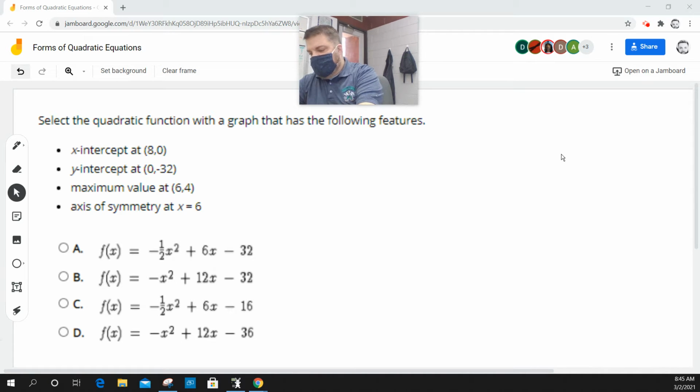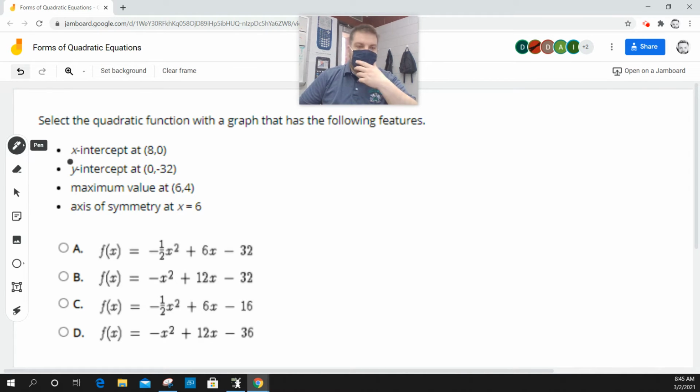It has a y-intercept at negative 32. It has a minimum value at 6 comma 4, and then the axis of symmetry is 6. So I'm going to just kind of jot this down, and then we'll go from there.